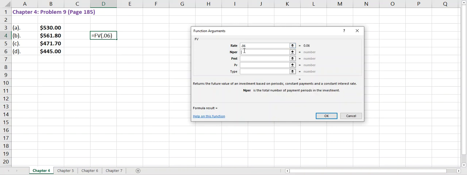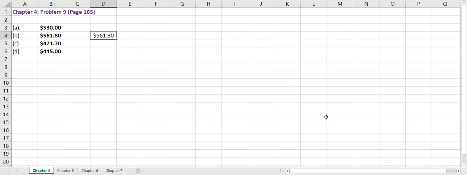Over 2 periods, number of periods. There's no payment. This is not an annuity or a series of payments. This is a one-shot deal. The present value is I have $500 today. So I type that in as minus 500, so that I get a positive number in my answer. I hit OK. If you have a calculator, you would just hit FV, future value, and I get $561.80.